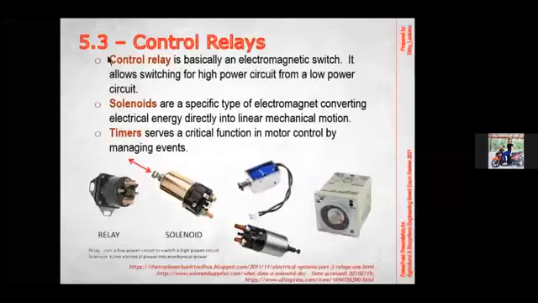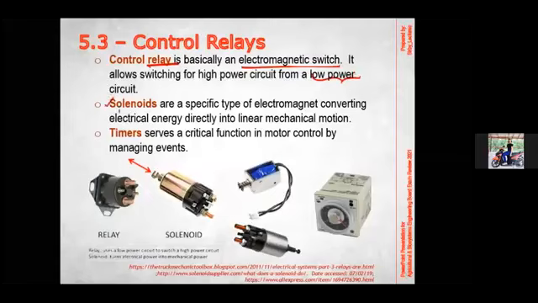Okay, the next class is the control relays. When we say control relays, basically it's just an electromagnetic switch, and it allows switching a high power circuit from a low power circuit, just like the contactor. So you are switching a high power circuit, but you're actually using electromagnetics.